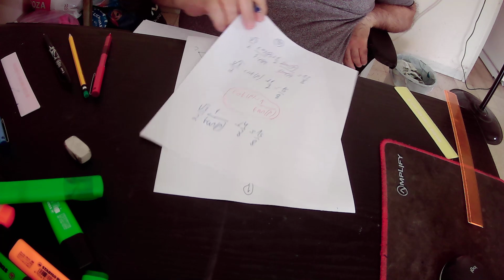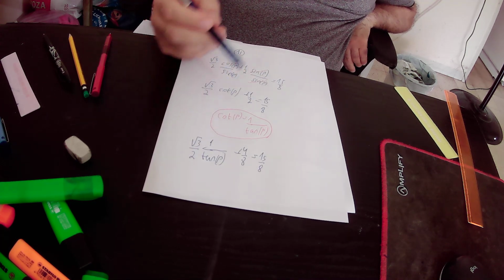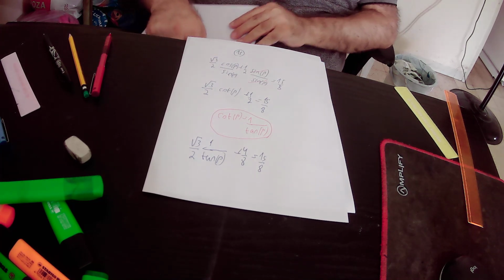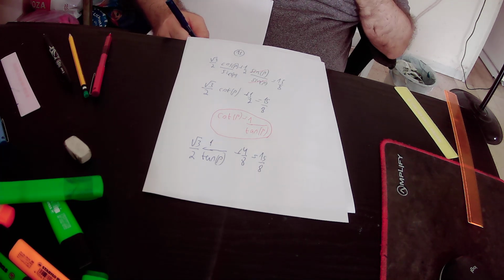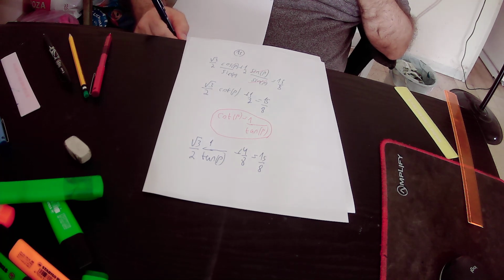So here we will subtract 4 over 8 from this equality, and we will get that root 3 over 2 times tangent p equals 15 over 8 minus 4 over 8.